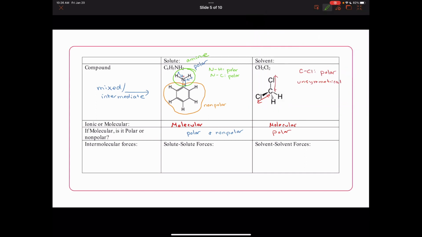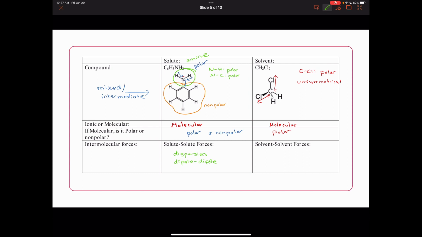So when we identify our forces, what's holding the C6H5NH2 in its particular state is going to be dispersion, because we find dispersion in all substances. And it's got that polar region, so we're also going to have dipole-dipole. And if we've identified our substance as being polar, the other thing we take a look at is, can it hydrogen bond?